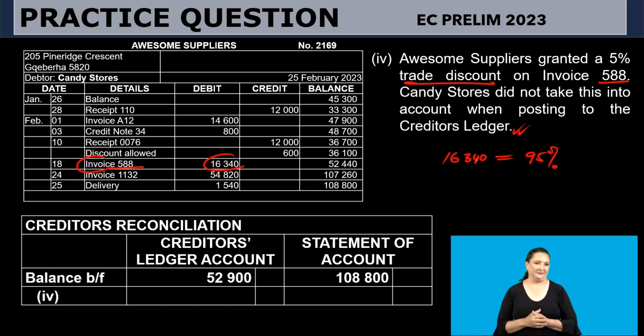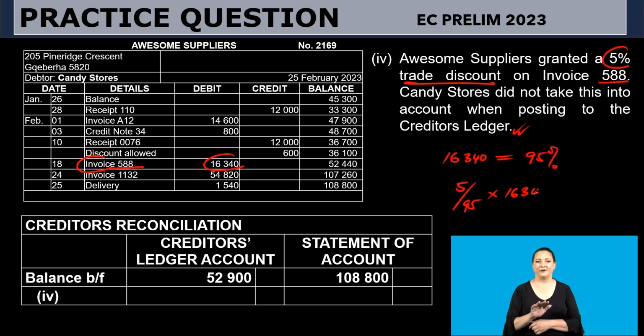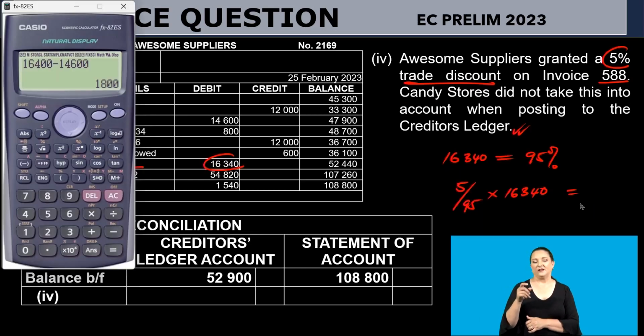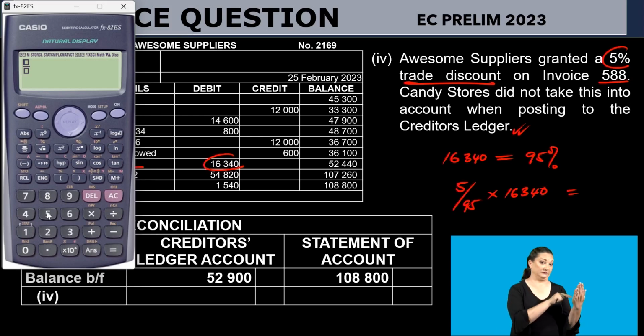Okay. Now, we are told that we did not take that into account, so we need to record that trade discount. How do you do that then? So it simply means what you want is the discount of 5%, and what you have is the 95 multiplied by 16,340. Let's see if we can punch that in the calculator. So we are now saying what I want is 5, and what I have is 95.